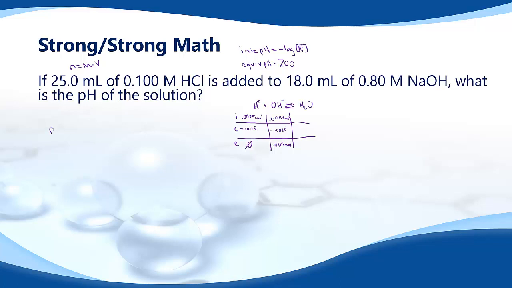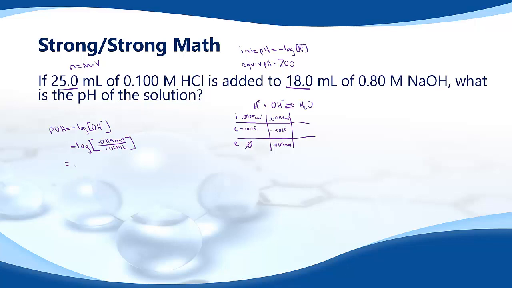So I know that pOH is negative log of hydroxide concentration. The hydroxide concentration in this case is 0.0119 moles divided by, now remember, volumes are additive. So the total volume of the acid and the base is going to be 43 milliliters, or 0.043 liter.